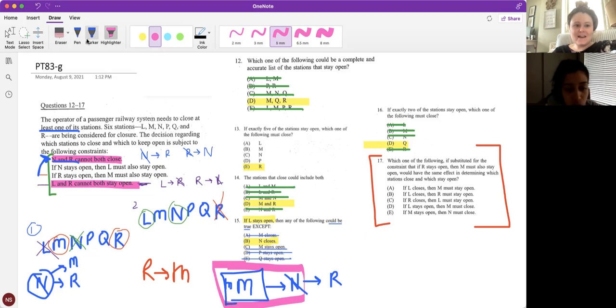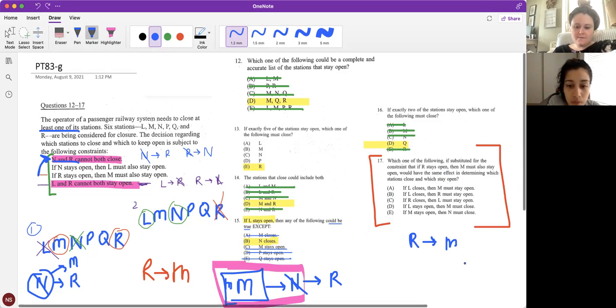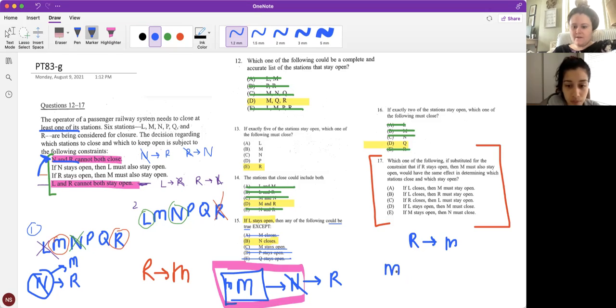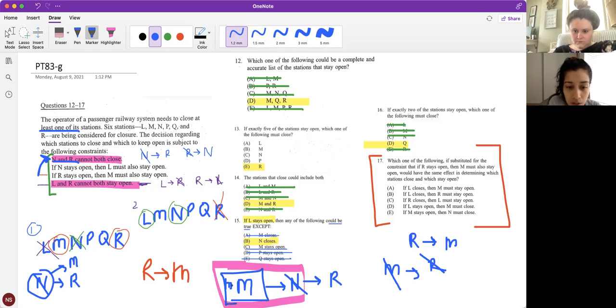Yeah, because we're trying to get away from repeating something that is like if R then M. I'm sorry, that's wrong. If R then M. So this means if we don't have M, we don't have R. So what happens if we don't have R?